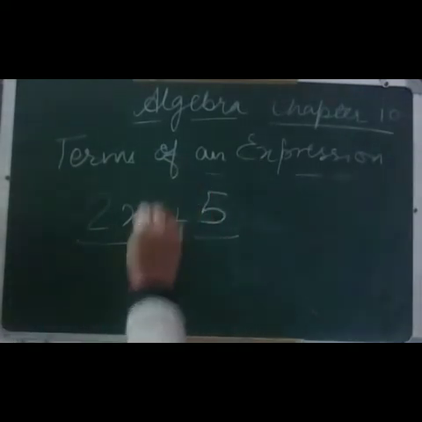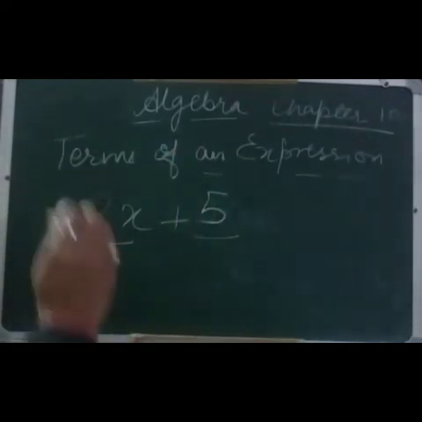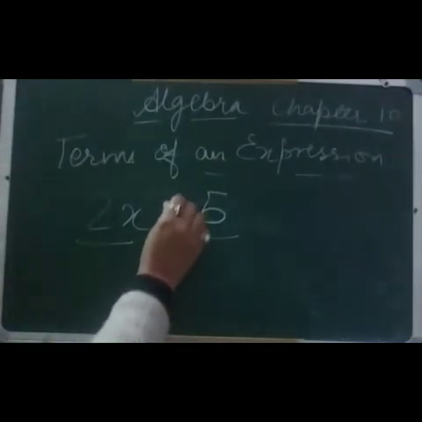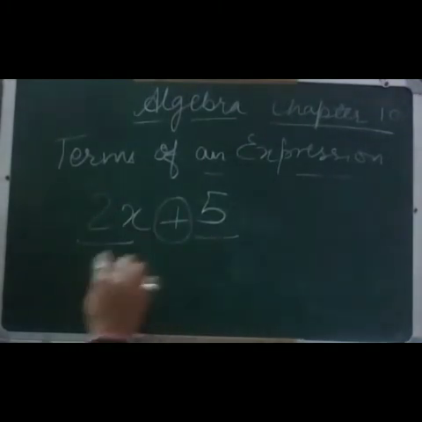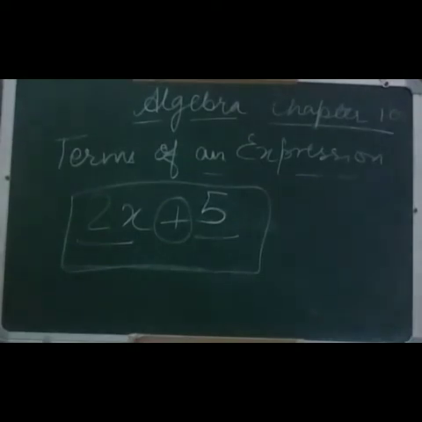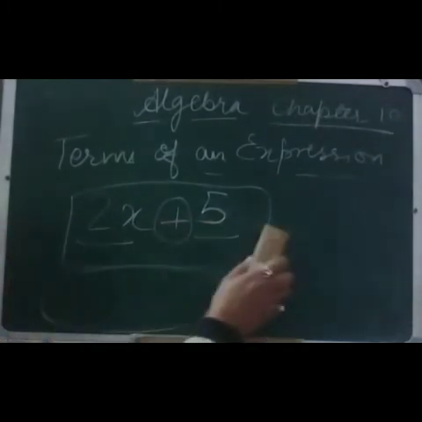With any fundamental operation, plus, minus, multiplication, division, if a sign is there in between these terms, this whole forms an expression. This is an expression. Parts of an expression which are formed separately first and then added or subtracted are known as terms. Got it?